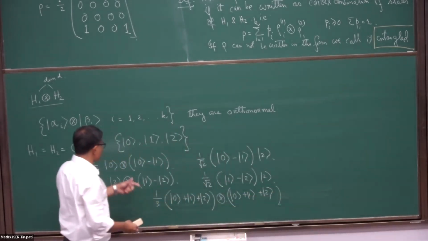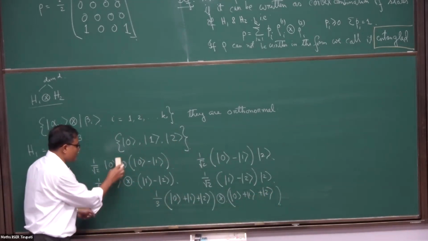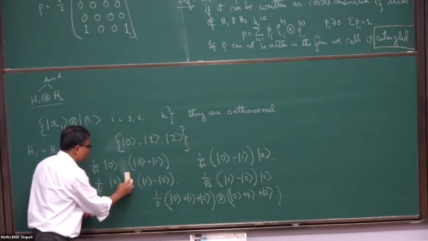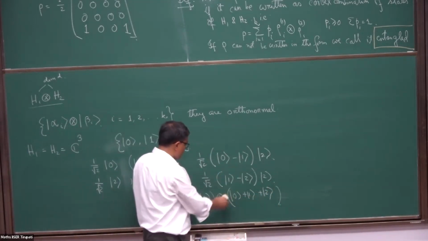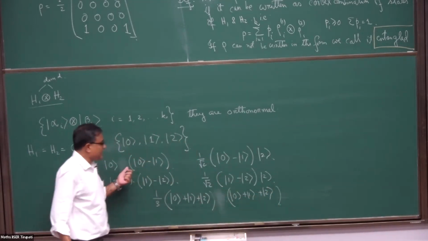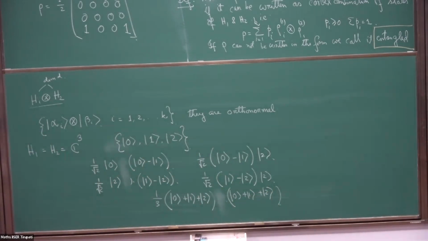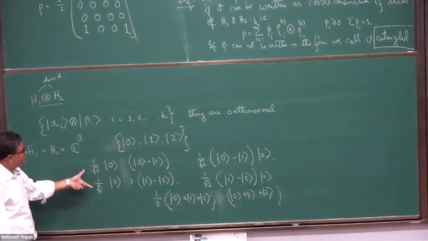Actually, we need to use so many of these tensor products, so we physicists generally try to ignore it and just write it as a standard product here. The understanding is that there is a tensor product between them. Now, take these vectors. What can you say about these 5 vectors?